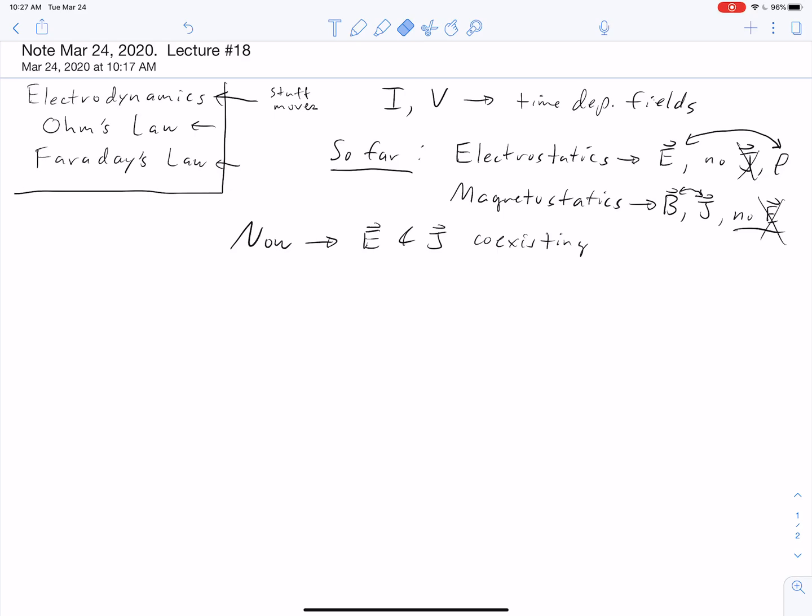Now we want to consider what happens when we have them both at the same time, and that's a big deal, and subtle, and it leads to new topics such as dissipation, which we'll get into.